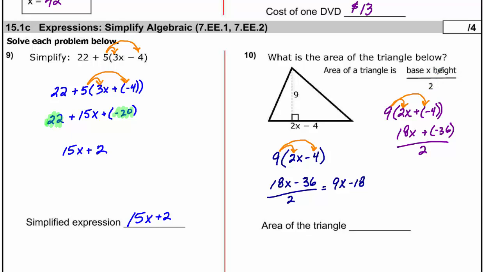It all gets divided by 2. I'd have 18x divided by 2 is 9x, plus negative 36 divided by 2 is negative 18. So in either case, my final answer is 9x minus 18 or 9x plus negative 18. Those answers really mean the same thing.